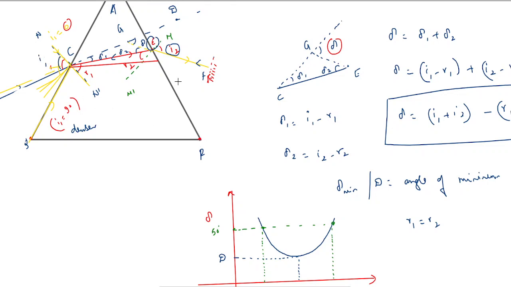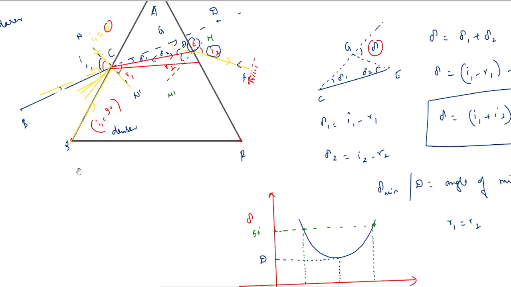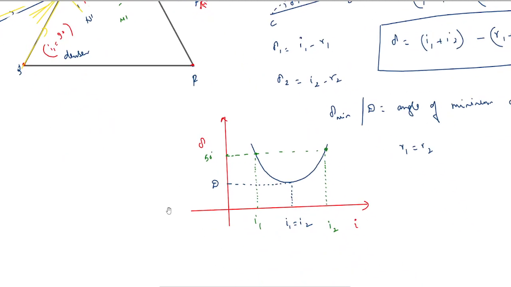Even for this case, delta remains the same. So whether the light ray moves along path BC, CE and then EF, or along the path FE, FC and then CB, in both cases the deviation is the same. That's the reason that for two angles we get the same deviation.